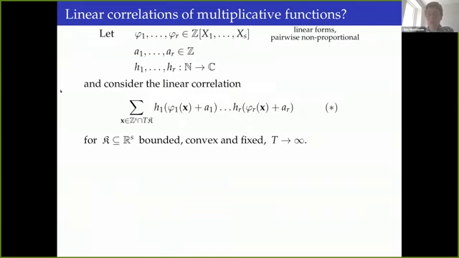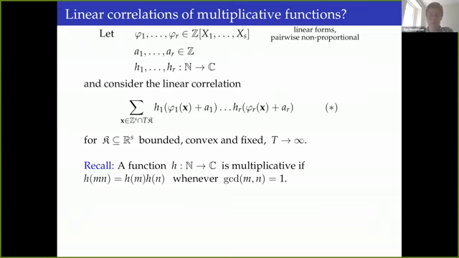This is the setup of linear correlations that I showed you at an earlier point in the slides. And if you go through results in which we know asymptotics for these correlations, star, then a lot of cases occur where the arithmetic functions are actually multiplicative, so they preserve multiplication at coprime pairs of integers.